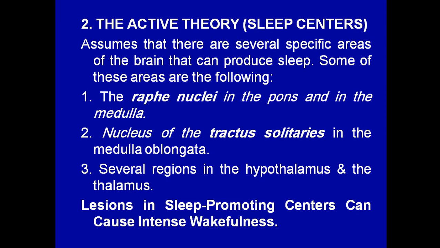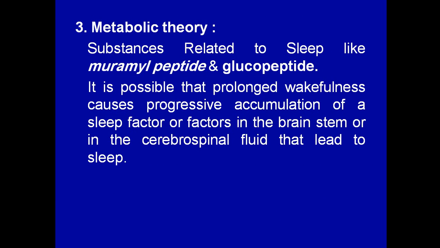The second is the active theory, so that there is a sleep center, where stimulation of a specific area of the brain can produce sleep, like raphe nuclei of the pons and upper medulla, nucleus of tractus solitarius in the medulla oblongata, and several regions in the hypothalamus and the thalamus. Lesions, if they are in the sleep promoting center, can produce intense wakefulness. يعني من تنظر بذن السناتر راح يصير intense wakefulness because the sleep centers are affected.